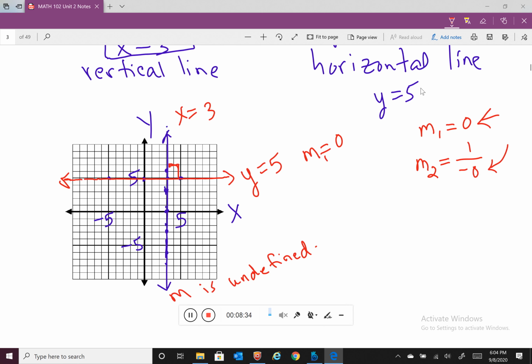Where is that 1 coming from? Well, remember, we can take any integer and make it into a fraction. Isn't 0 over 1 the same as 0? So if I reciprocate that, 1 over negative 0 is indeed undefined.